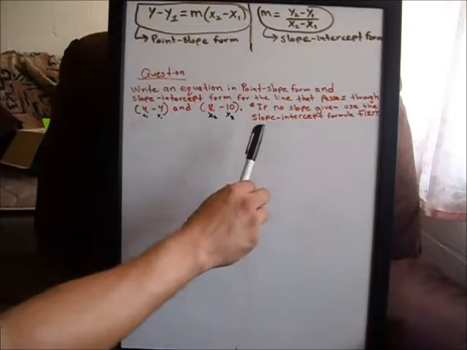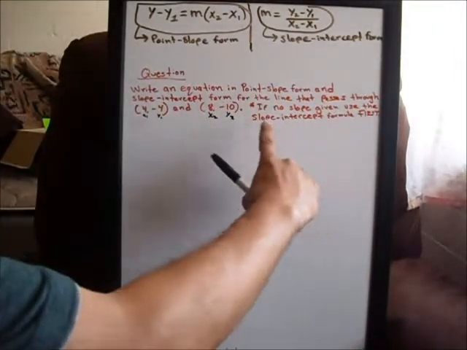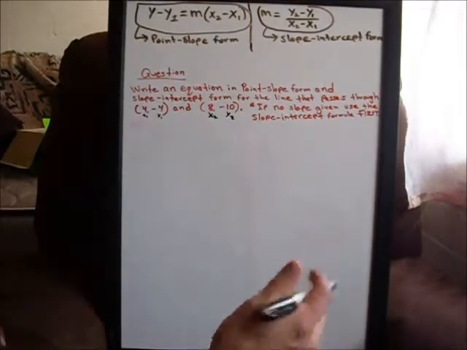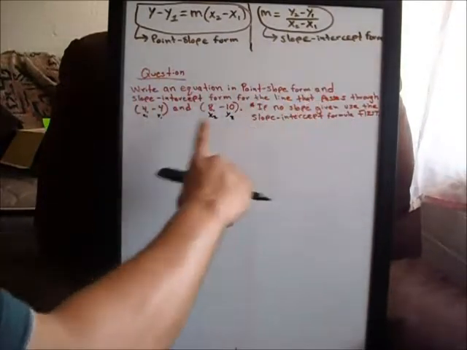The question tells you that if there's a slope given, like a fraction, 2/3 or 1/2, that would be your slope. But notice that there's no slope given in the question.